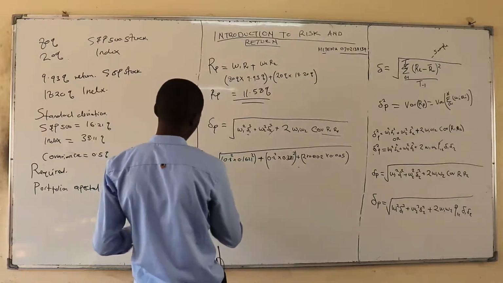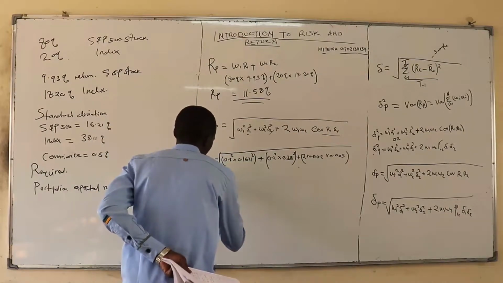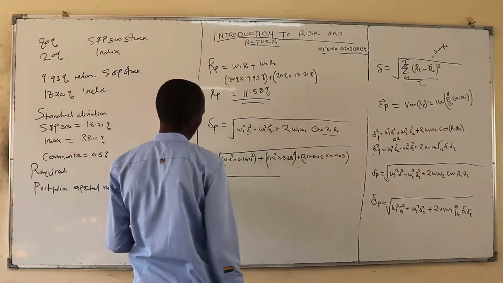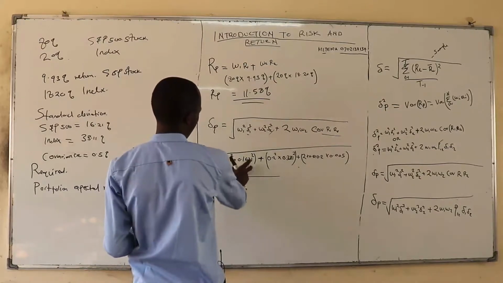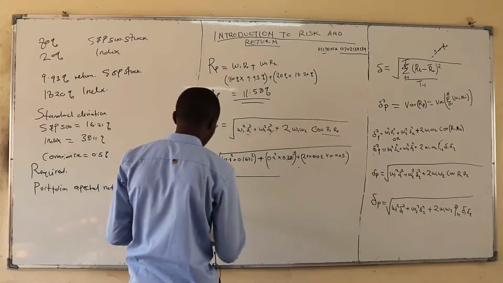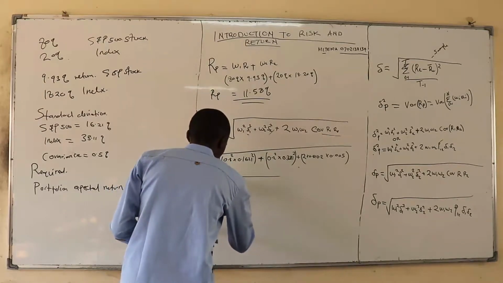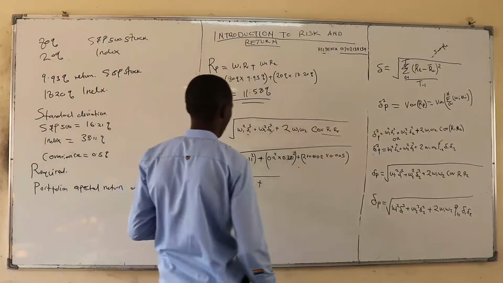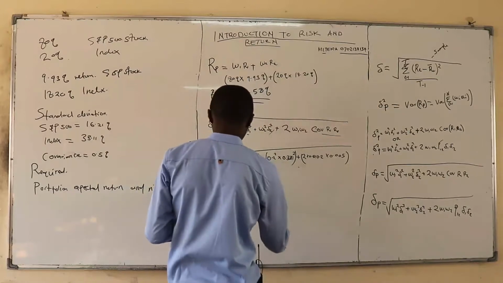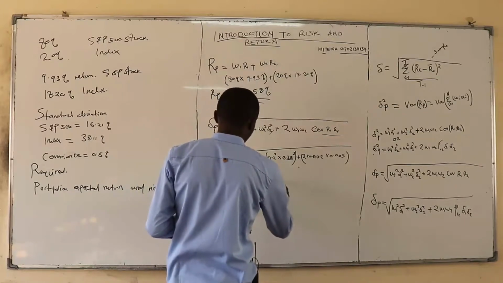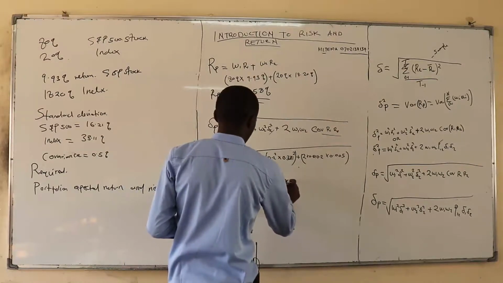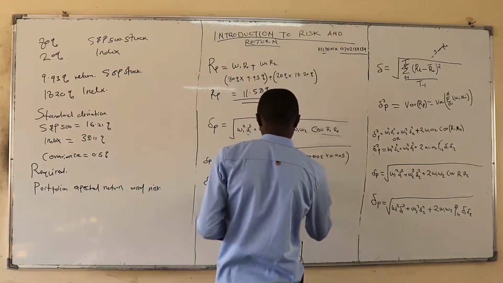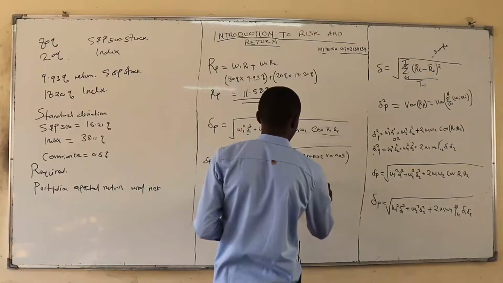So after substituting these, you find that your standard deviation will be equivalent to the square root of the sum. When you work out the first segment, you find it 0.01682. You add, and the second segment yields 0.00439, and the third segment will give 0.0016.